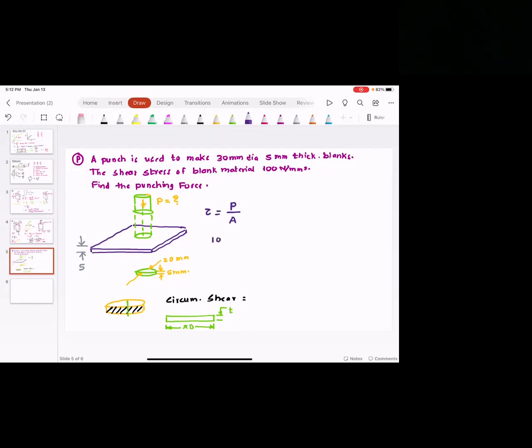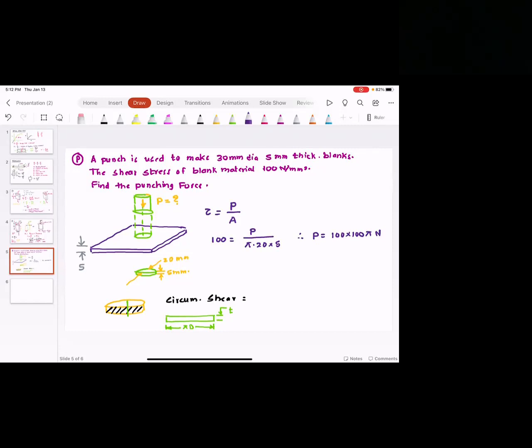Tau is given as 100. P is something that we have to find out. Area is pi times d, 20, multiplied by 5. And when we multiply this, I can find out 100 times 100 pi Newton is the force that is needed to punch this circular blank.